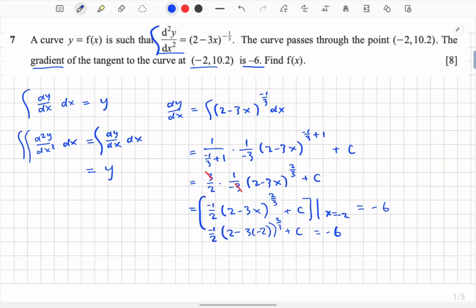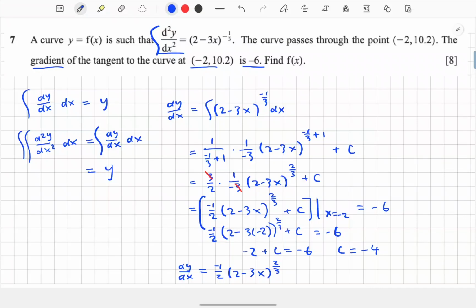This entire thing equals -2. -2 plus c equals -6. So c equals -4. And we'll put our c back into our original expression. So dy/dx equals -1/2 (2 minus 3x) to the power of 2/3 minus 4.